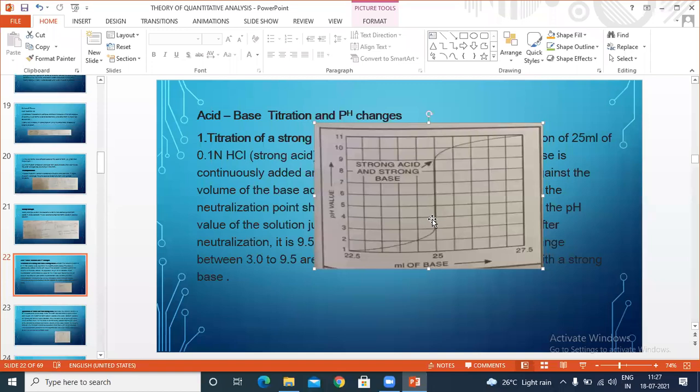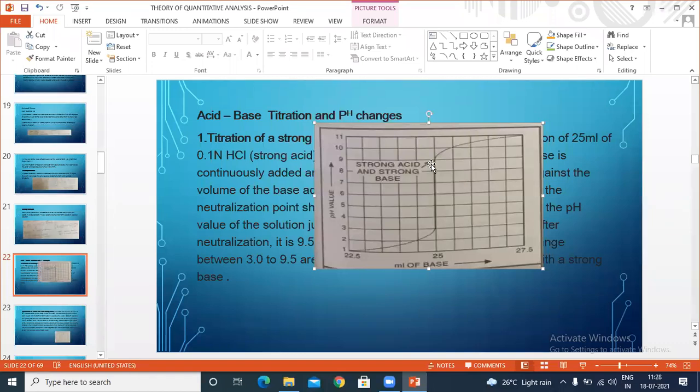This range is nothing but the pH range for a strong acid versus a strong base. From 3 to 9.5, the pH value starts increasing when we add a base to a strong acid.